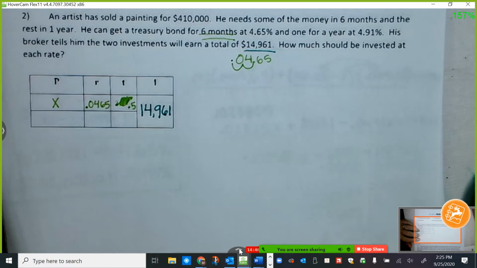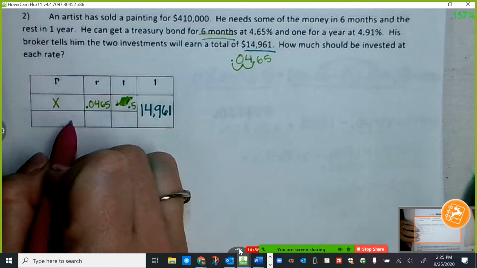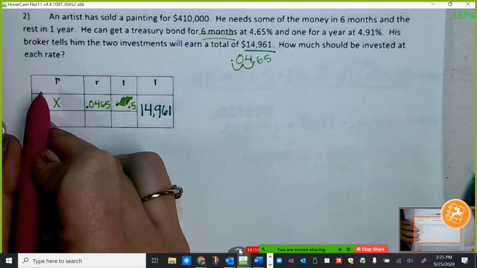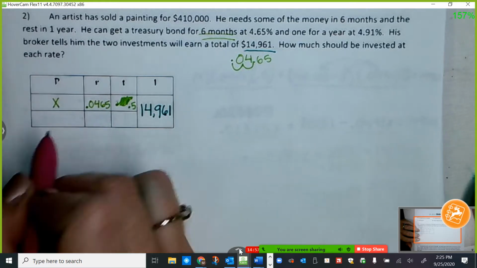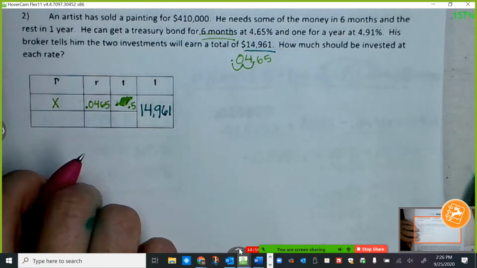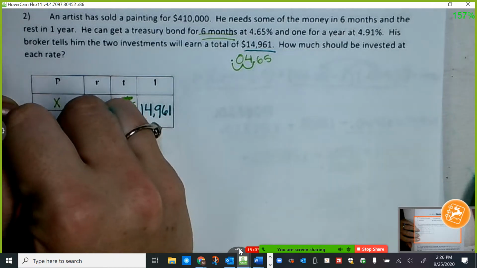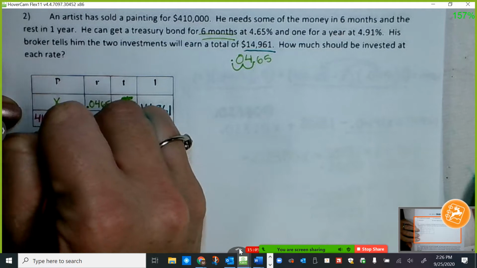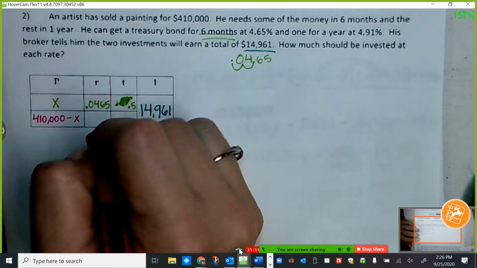Now we know the rest of that is going to go where? In the bottom piece, right? Because it's split between those two accounts. So how would I represent whatever's left over? So again, you take the original minus x. And this time it's for 1 year.